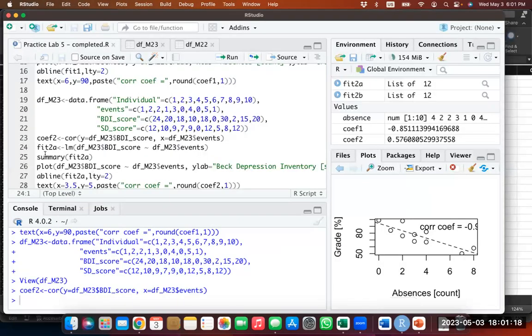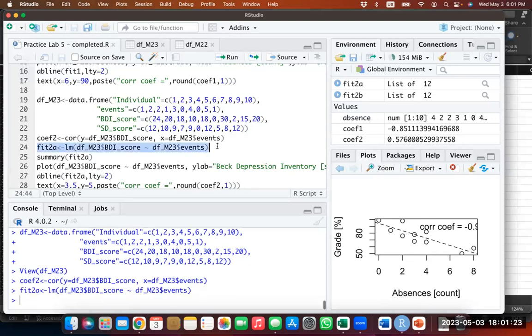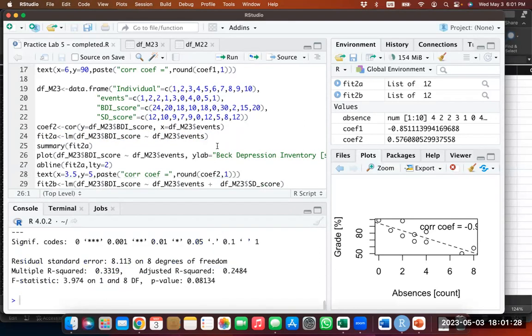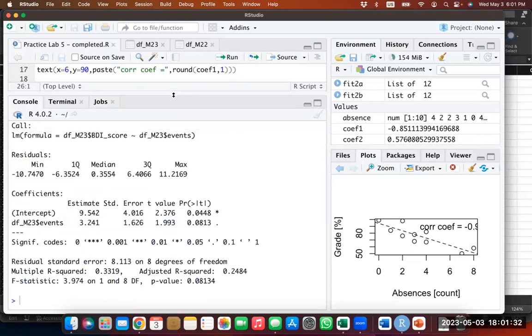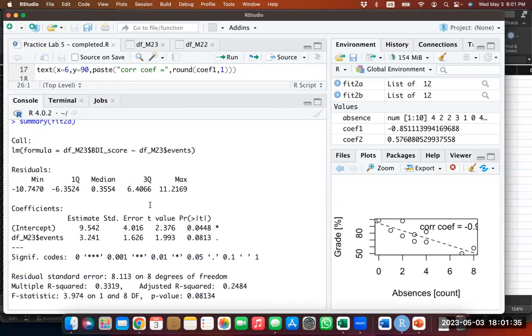We can then, in the next step, go on and calculate our linear model, and this is fit2a. Summary of fit2a is now giving us that regression model that we have built within Excel. So again, same layout. We have the formula, the Beck Depression Inventory score as a function of life events.